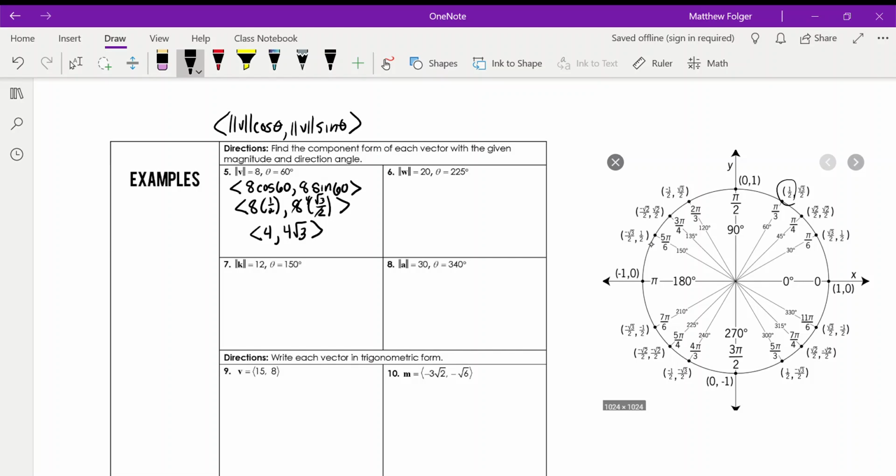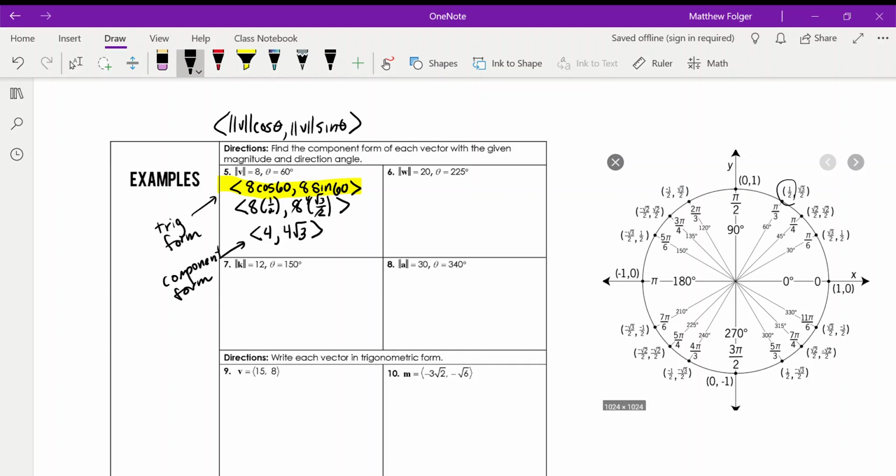This vector has a magnitude of 8 and an angle of 60. Just for your reference, this is called the trigonometric form, and this is called the component form. If it ever asks for the trigonometric form, you can just leave it like the top one.